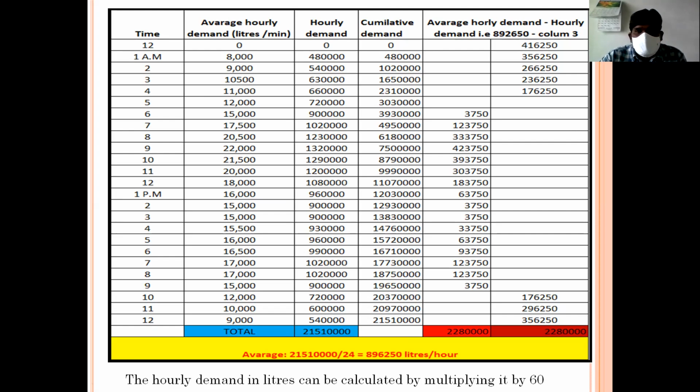The hourly demand in liters is calculated by multiplying by 60. 8 into 60, likewise we got all these values. Today we learned in this mass curve method how we got the third column, and tomorrow we'll continue with how we can find the reservoir storage capacity.